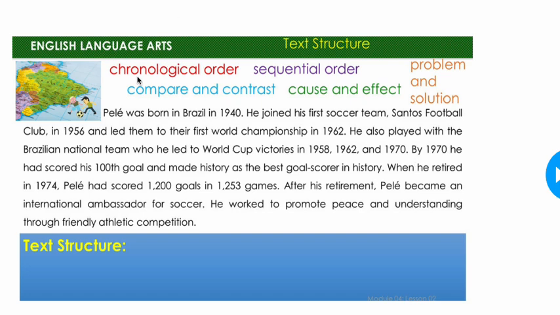So it looks like this is chronological order. I'm seeing a lot of things with times and they go in order. So I know the author has organized this nonfiction text on information about the soccer player Pele in chronological order.